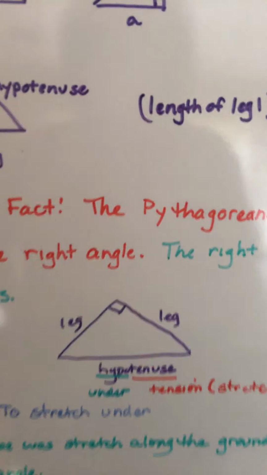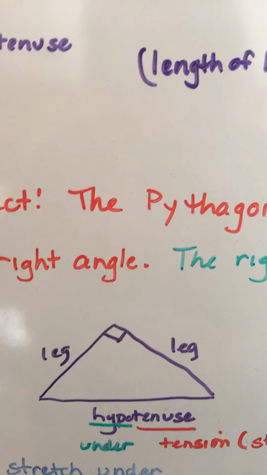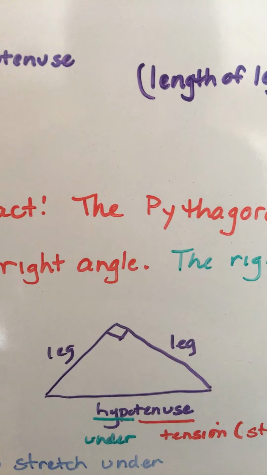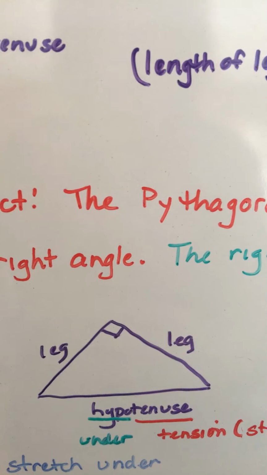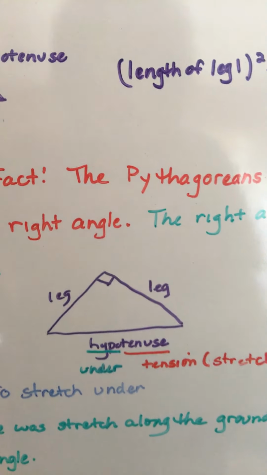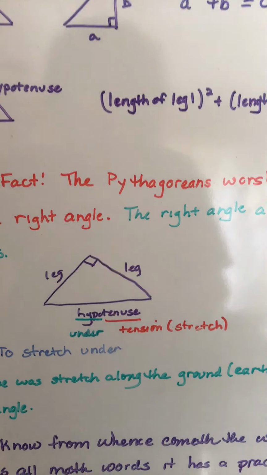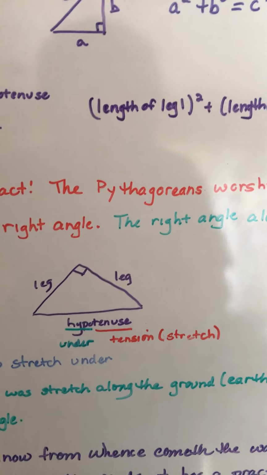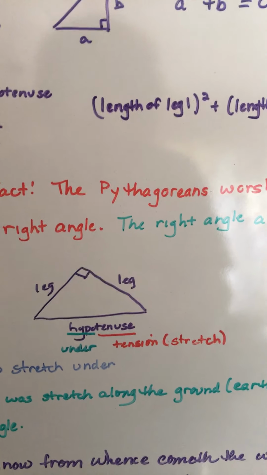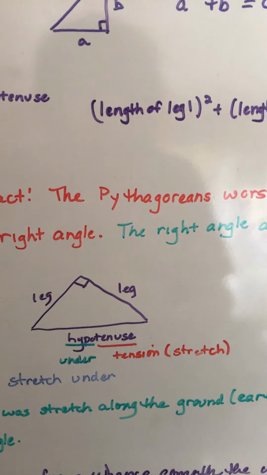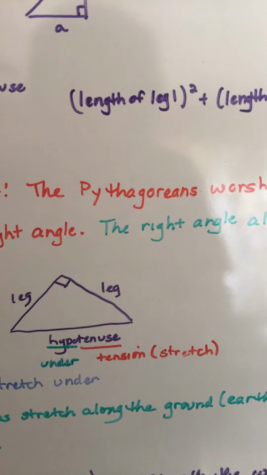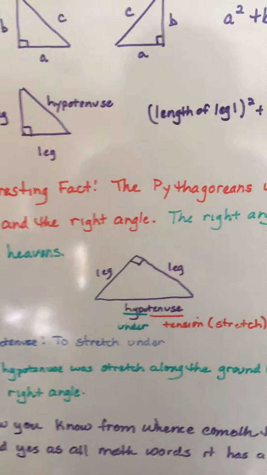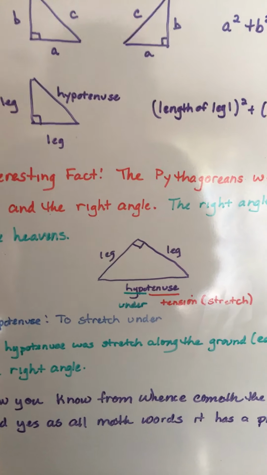So when they drew the triangle, the hypotenuse would be along the ground and the legs would be pointing upwards, making the right angle point to the stars, the sun. Now, hypotenuse is a Greek word, and hypo means under, and the tenuse part is where we get tension or stretching. And so hypotenuse means to stretch under. It meant to stretch under the right angle.